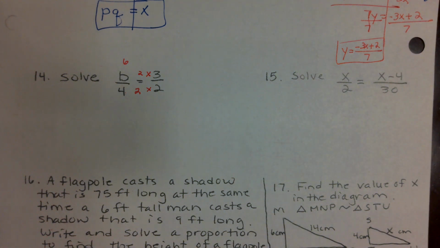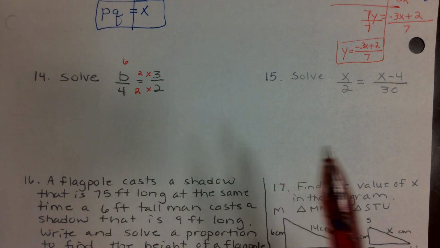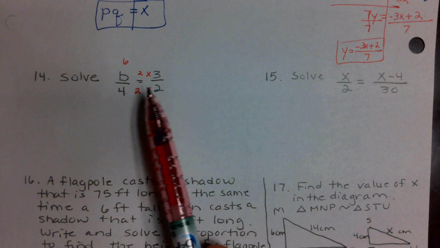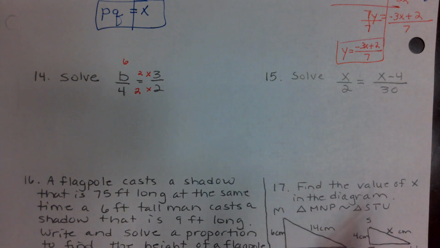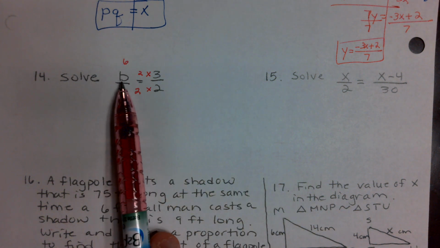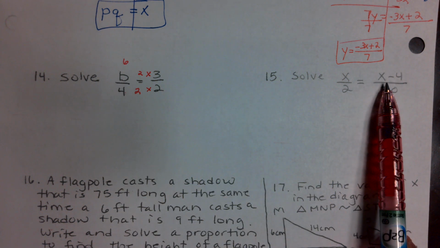All right, so how are these 2 different? Are they both proportions? Yes, fraction equals fraction, fraction equals fraction. The difference is the b is independent up here, it's solo. The variable is all by itself, whereas over here the variable has something else with it.